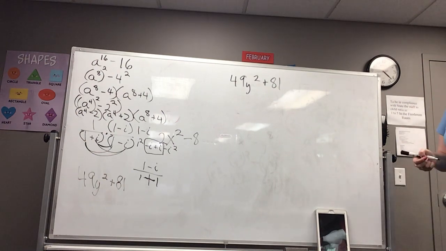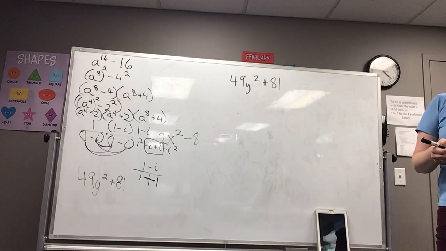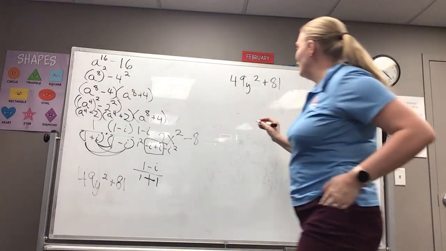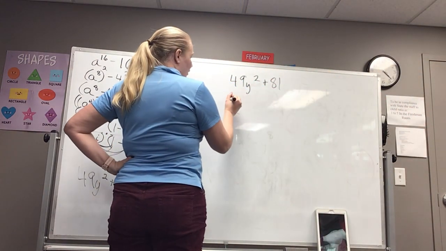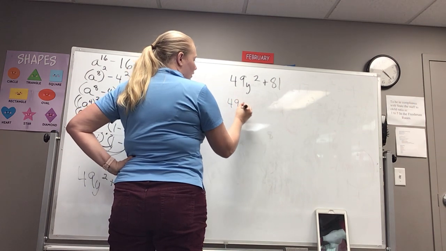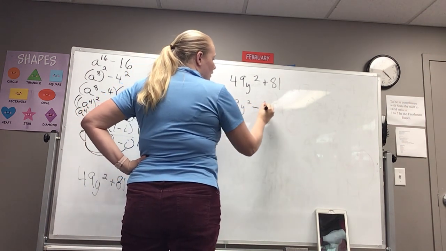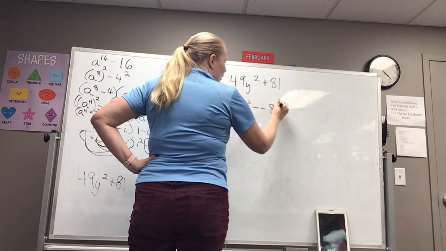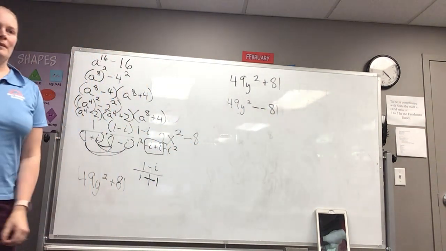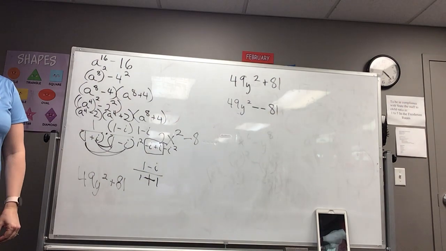But if we consider that i, we can write this as 49 y squared minus negative 81.